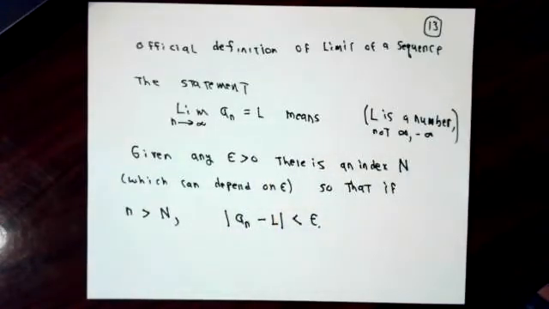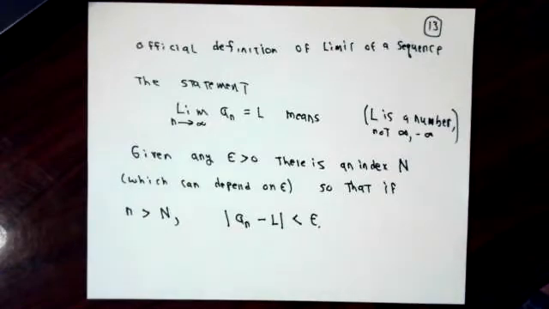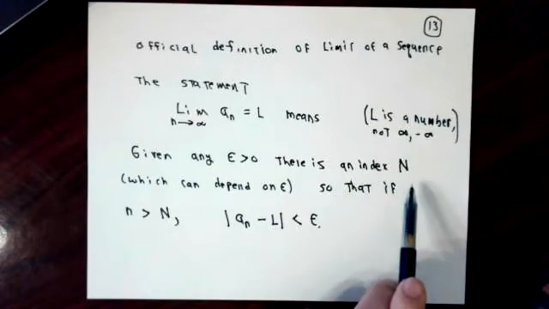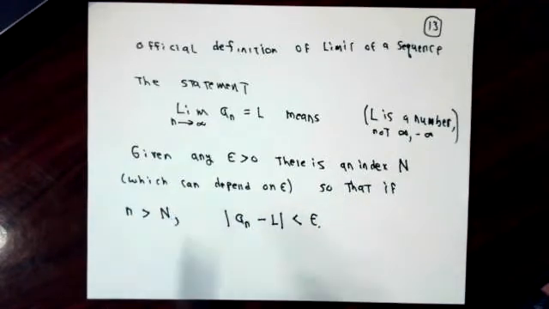The statement that the limit as n tends to infinity of a sub n equals L, where L is an actual number now, not the infinity symbol or negative infinity, means this: give me an epsilon bigger than 0. Could be big, could be small, but it's positive. Given an epsilon bigger than 0, you can always find an index capital N, which can depend on the epsilon, so that if the index on the a sub n is bigger than that capital N, then the distance between a sub n and L is less than epsilon.